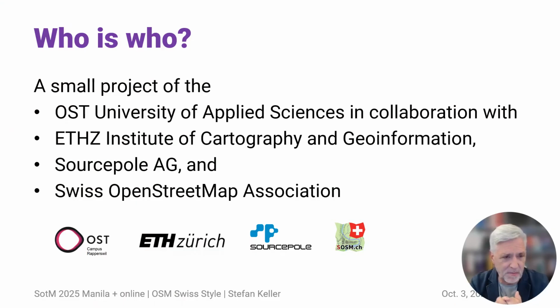We organized a small project starting with my lab from Ost, and I got collaborators from the renowned Institute of Cartography and Geoinformation, and then also Sourcepole joined, and also people from the Swiss OpenStreetMap Association.